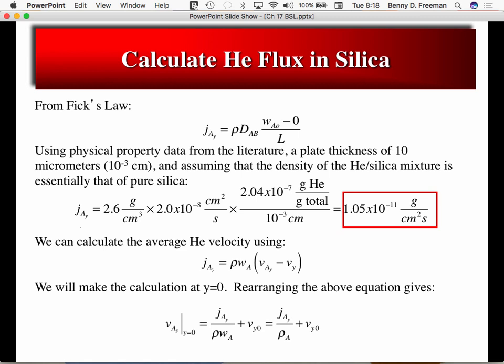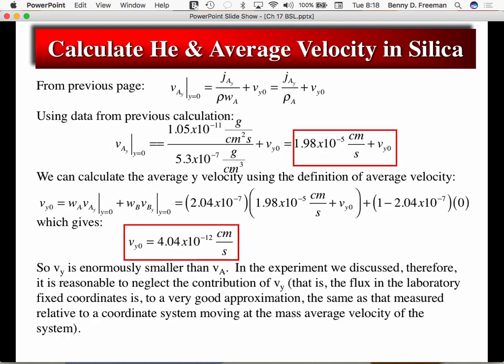We can calculate the average helium velocity then using this result. I'll show you the magnitude of these terms. If we evaluate the velocity of helium at the bottom of the plate, we can rewrite this expression as shown here. We have an expression for the flux, we have the density of the system, and v_y0.